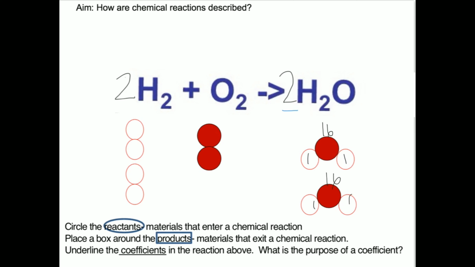And if I have 2 waters, I'm also going to need 2 hydrogen molecules. So I add the coefficient of 2 to the hydrogen molecule. And so when I add the masses up on the reactant side, I have 32 due to the oxygen, plus 4 more, 36 total for the reactant side.